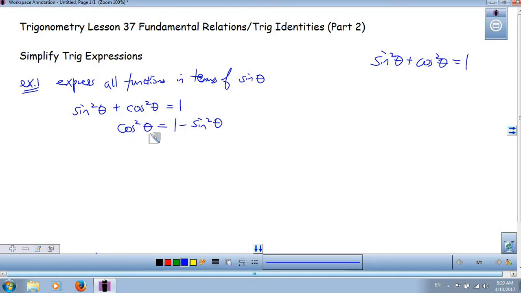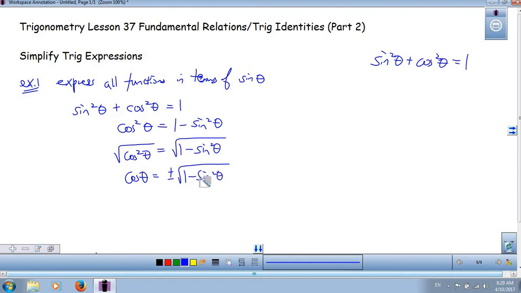But we want to find cosine, not cosine squared theta, so we have to take the square root on both sides of the equation. And when you take square roots, you have two roots: plus or minus the square root of 1 minus sine squared theta. So this is what cosine theta is equal to in terms of sine theta.